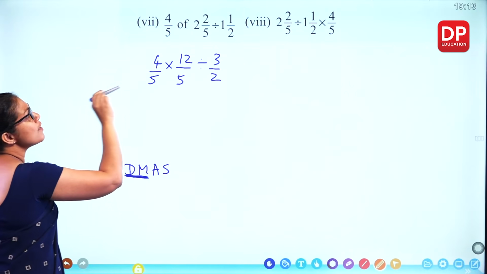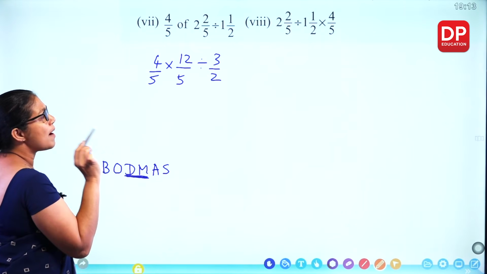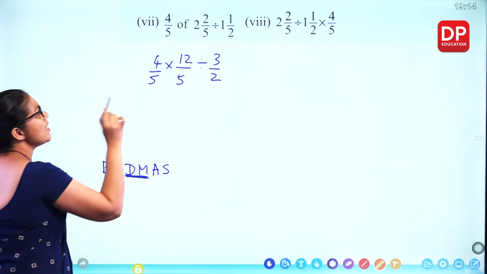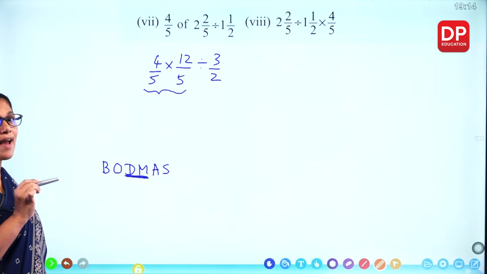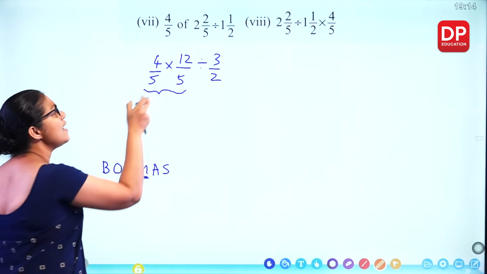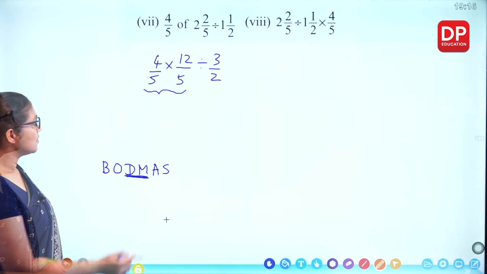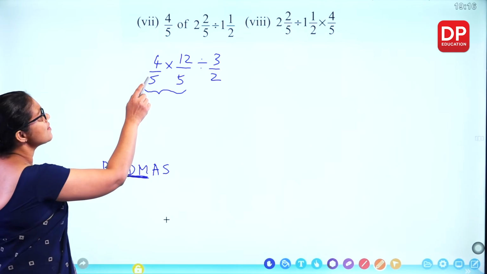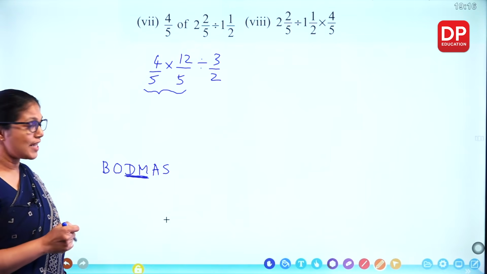When you go left to right, what you get here? Multiplication sign. So here that means you have to do this calculation first and then take the answer and do the division. So now you can see here starting from this end. So you have to do the first one first, multiplication first.